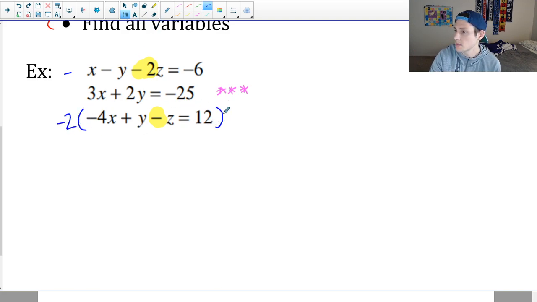So we're going to multiply this by -2. And so that has to get distributed to everything. So -2 times -4x, 8x. -2 times y, -2y. -2 times -z, plus 2z. -2 times 12, -24.